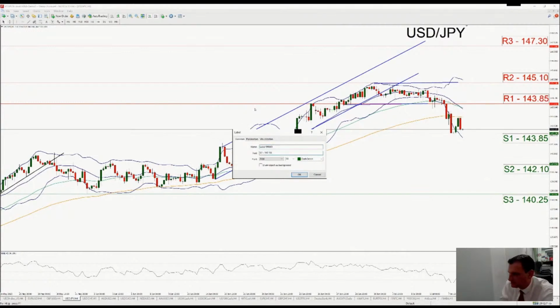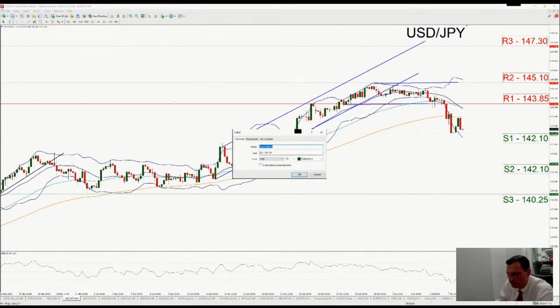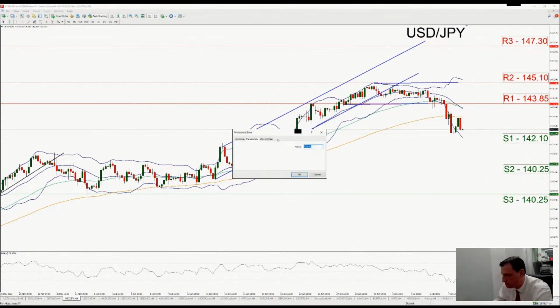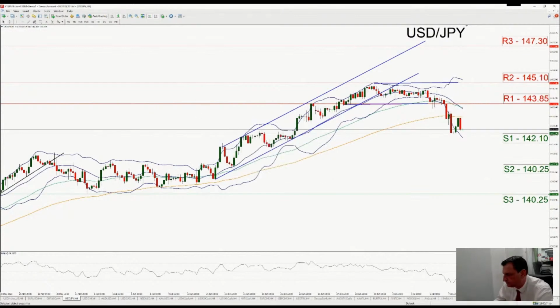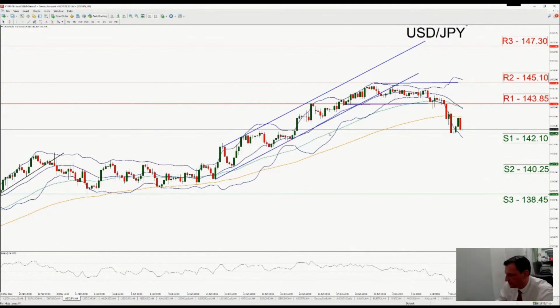First support line being set at 142.10, given that it held its ground beautifully here. The S2 now being placed at 140.25. And the S3 at 138.45. Let's verify that as well. Yep. Everything in.